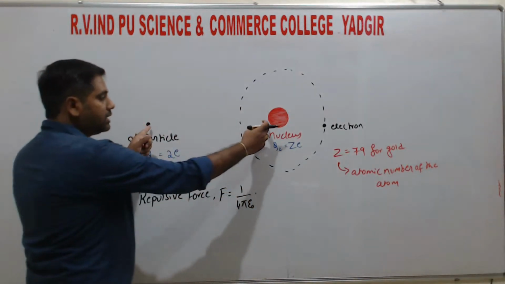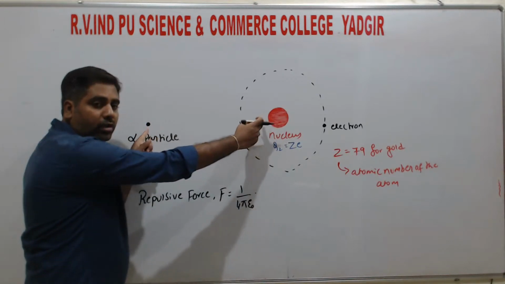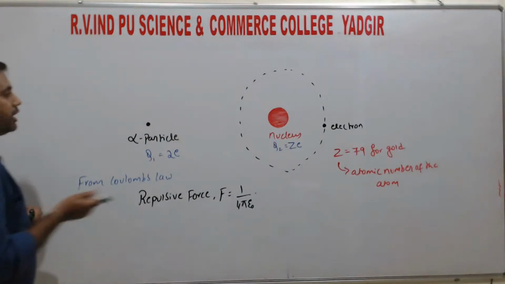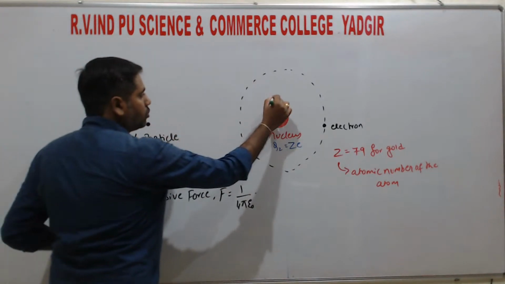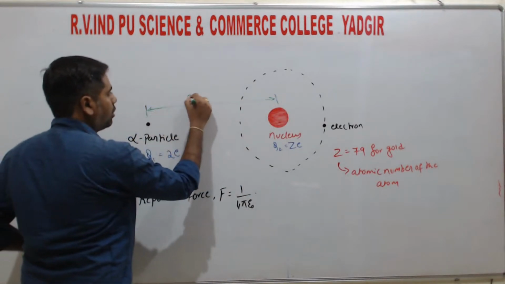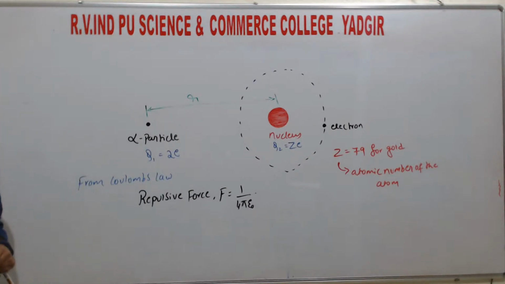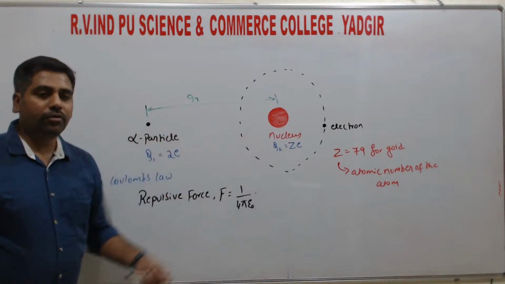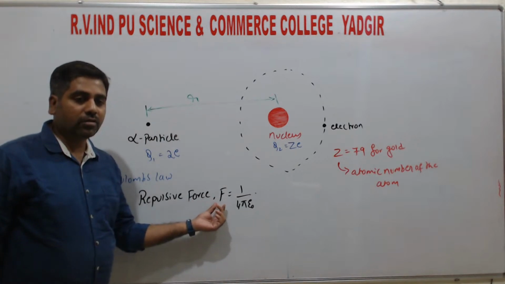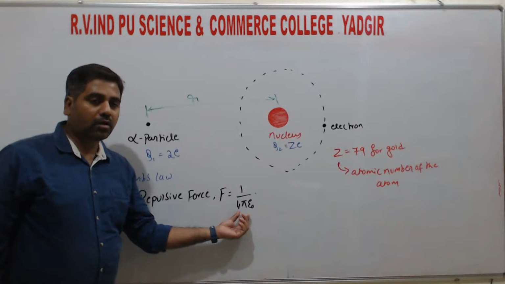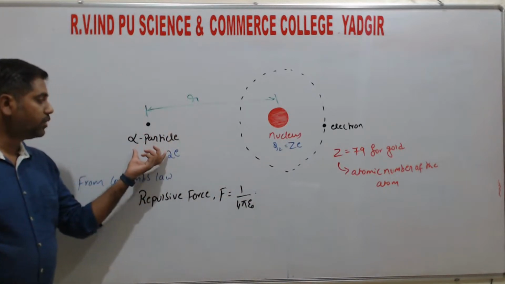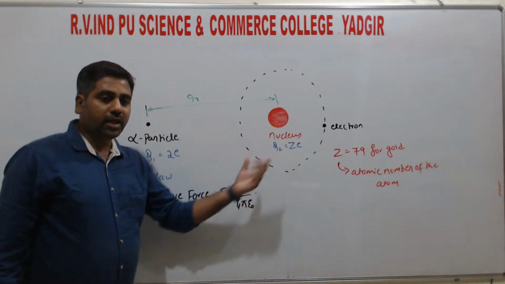Here R is the distance between the alpha particle and the nucleus. If we take the distance from here to here, this distance is R. So from Coulomb's law of electrostatics, F equals 1 divided by 4 pi epsilon naught into Q1 Q2 divided by R squared, where R is the distance between the alpha particle and the nucleus.